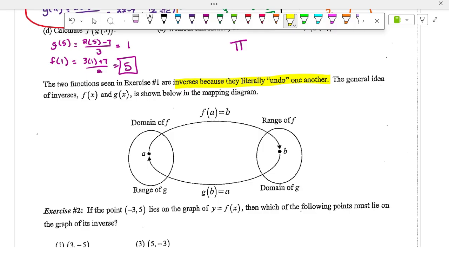All right? So, how we can tell is that if we're given f of a is equal to b for a function f, then g of b will be equal to a.